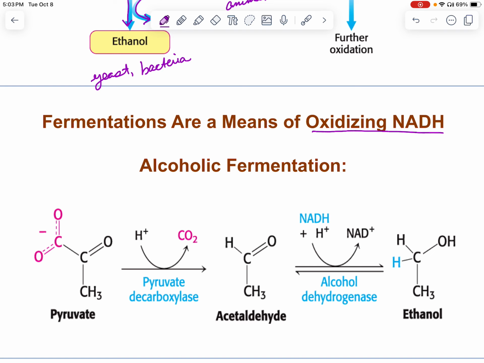So let's take a look at alcoholic fermentation. We have pyruvate as our starting material right here. Notice the name, pyruvate decarboxylase. So decarboxylase, it's taking this CO2 off, and we end up with our now 2-carbon molecule.